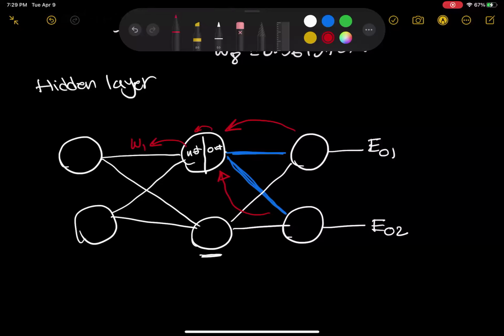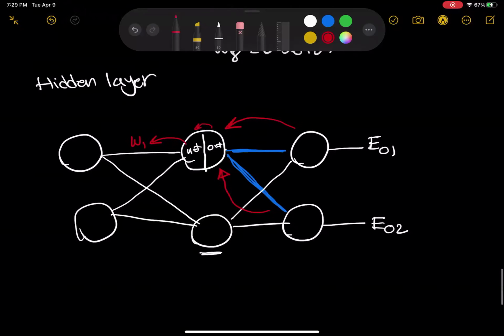Let's see how I can write the formulation by knowing this. In order to do E total with respect to W1, which is what I'm trying to do right now, there are several dependencies in between. All these red back arrows show the dependencies.